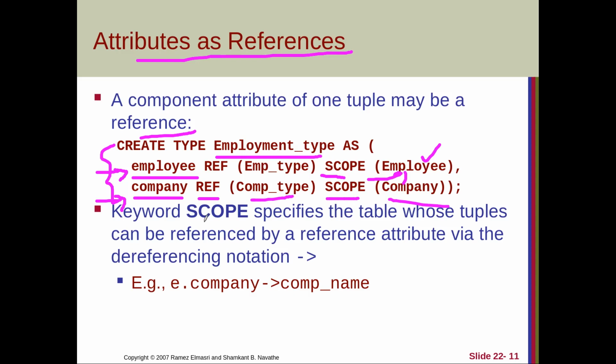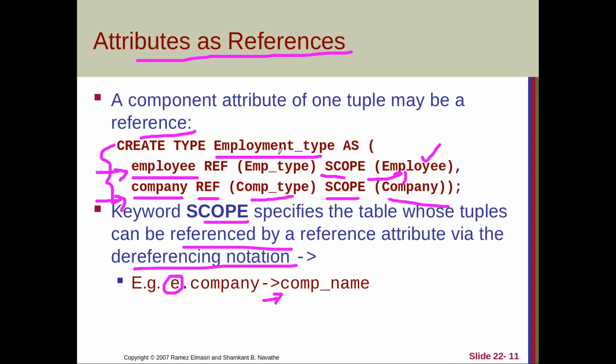The keyword scope specifies the table whose tuples can be referenced by a reference attribute via the dereferencing notation. So if you want to access that particular element, for example, assume that E is an object being created for employee, e.company arrow, which is also called dot company name.